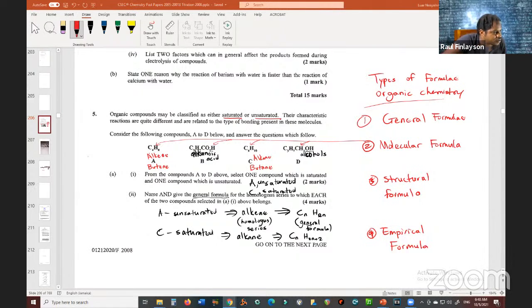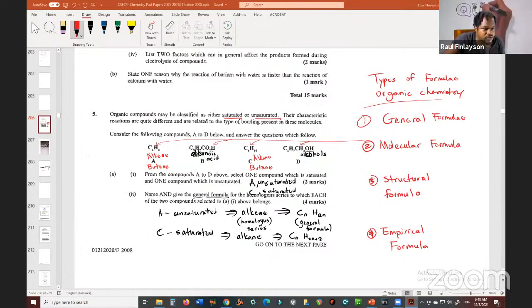So there's a question here. In fact, I want to bring this one up shortly. It's a lovely one. All right, and export this to PDF here.